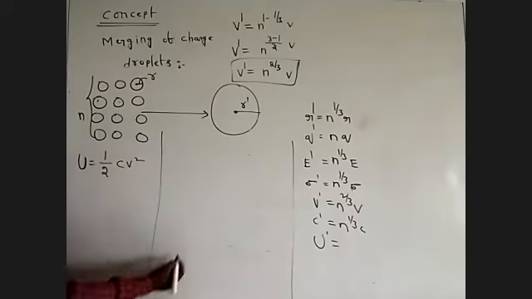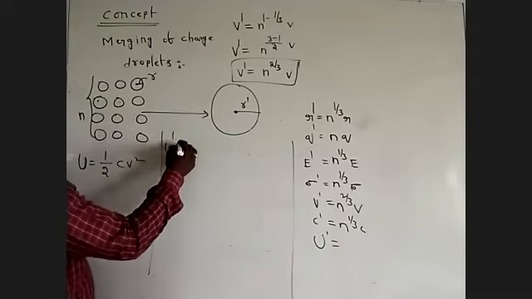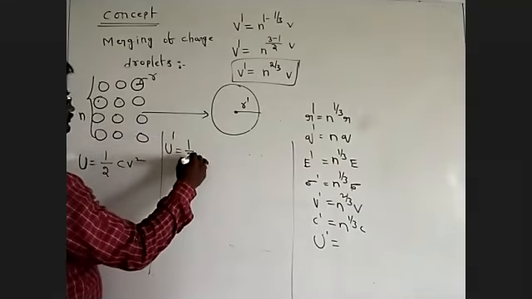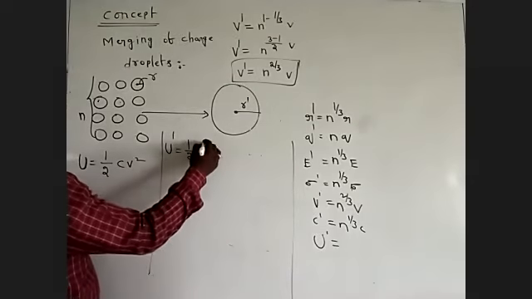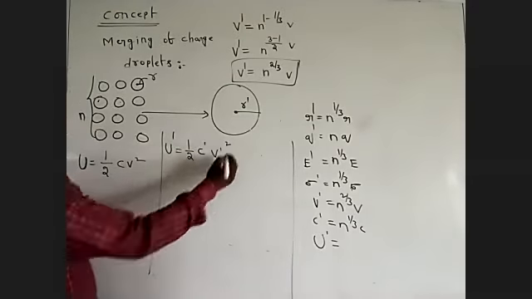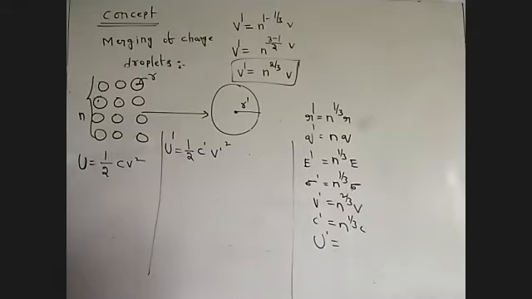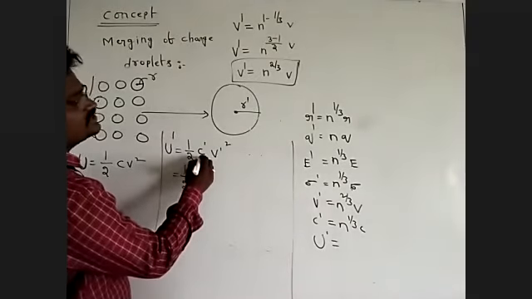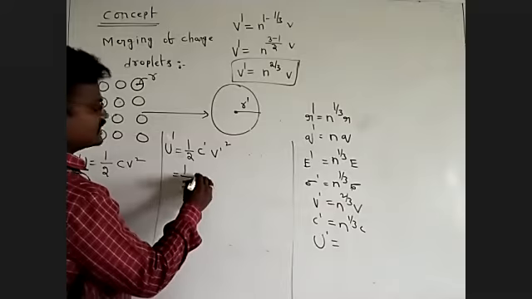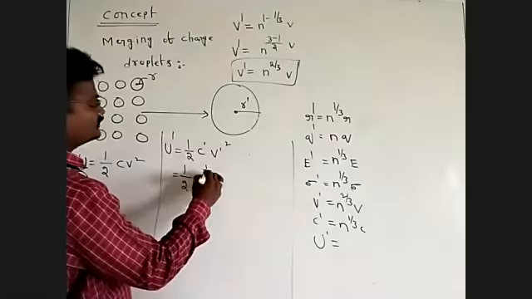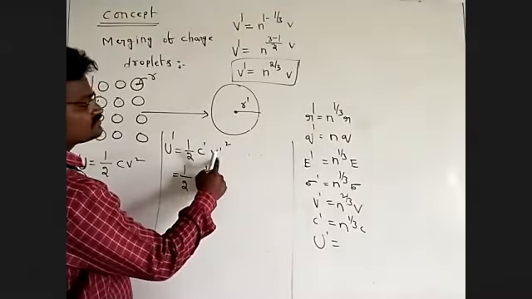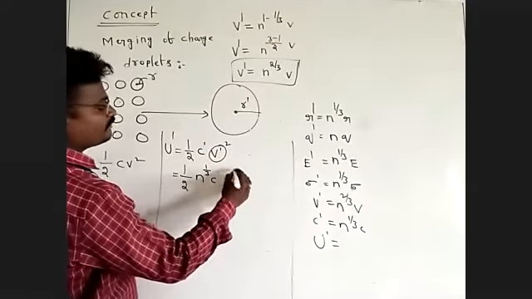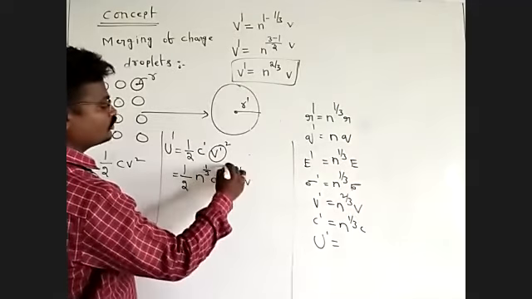For this one, U dash is equal to half C dash V dash square. That is 1 by 2 times C dash, and C dash is N power of 1 by 3, and V dash square is N power of 2 by 3 V whole square.